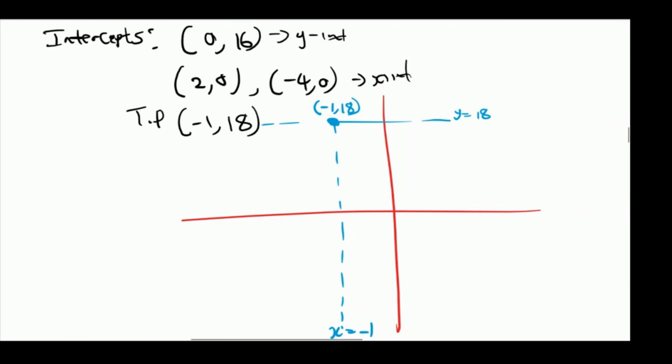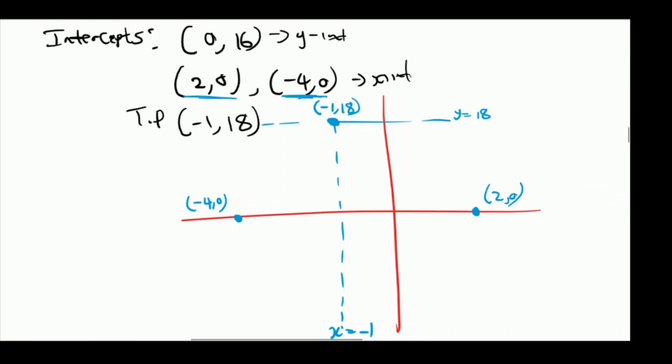And our intercepts, we have x-intercept of 2 and 0. So meaning, let's say 2 is here. So it's 2 and 0. And another intercept of minus 4 and 0. So let's say it's here, which is minus 4 and 0. So we are going to join our points.